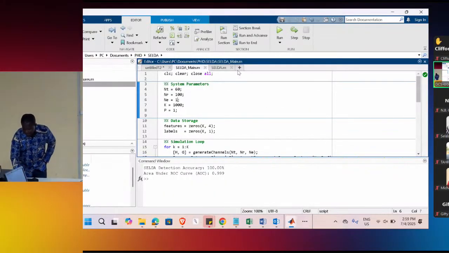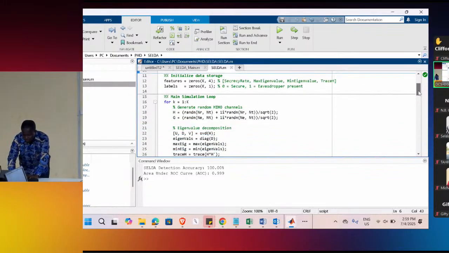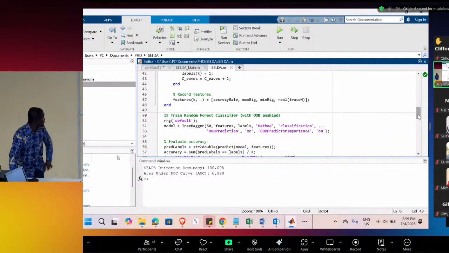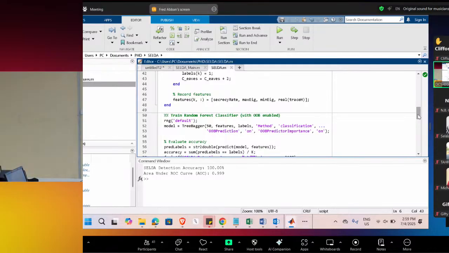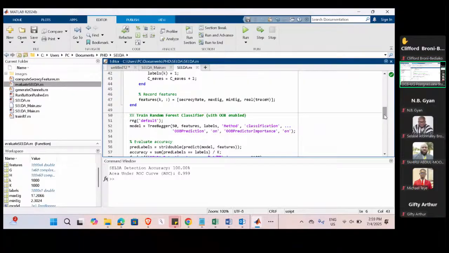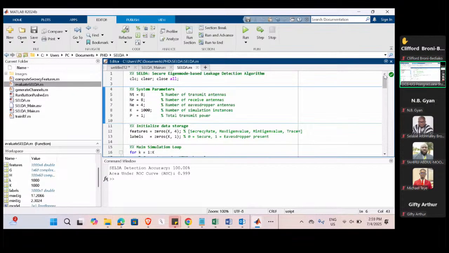We tried, first of all, using, and I'll show you, I don't know if those of you online can see better, those of us in here. This is our algorithm having 50 trees over here, using the same scenario as we used previously, 8, 8, 4, 1000, and the power being 1.